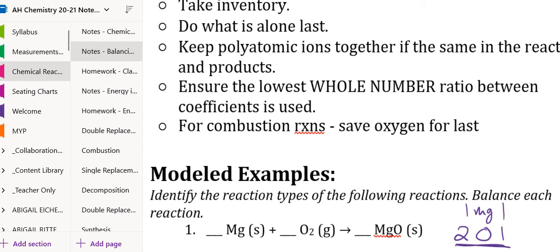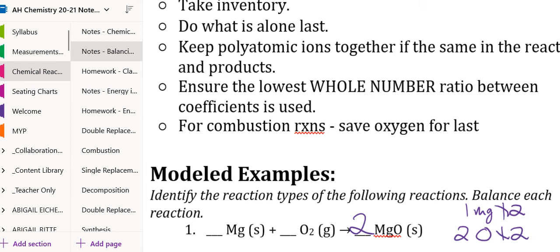So what if I put a 2 here? Can I put a 2 there? Yes, that's a coefficient I can add. What does that change? It gives me 2 magnesiums in my products, and also what? 2 oxygens. My only choice was to put a 2 there to balance the oxygens.